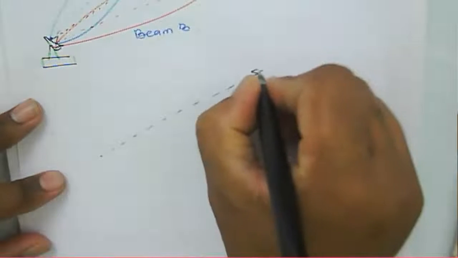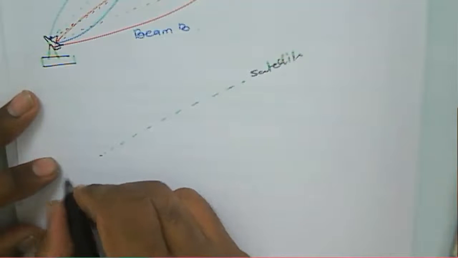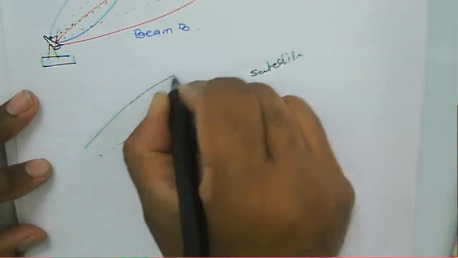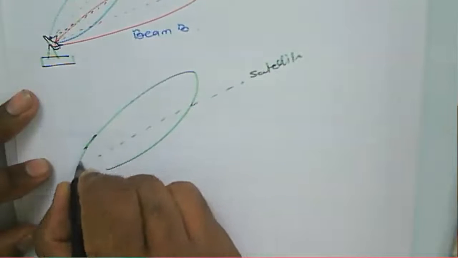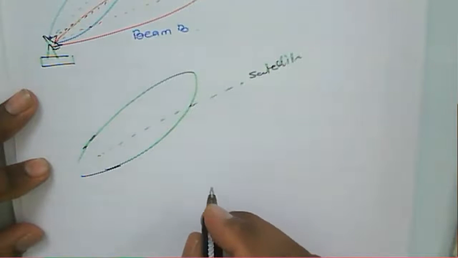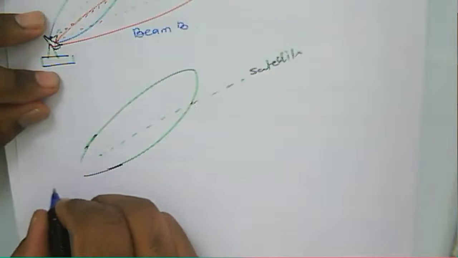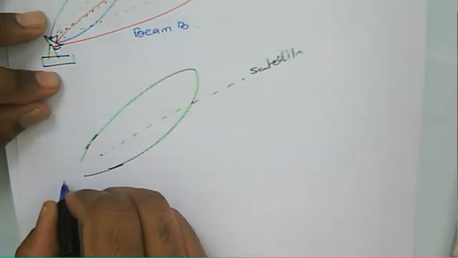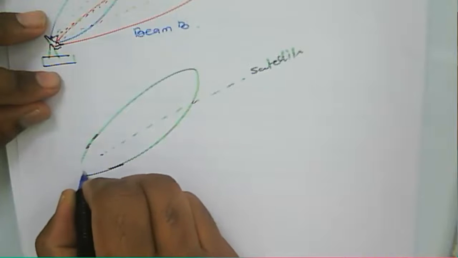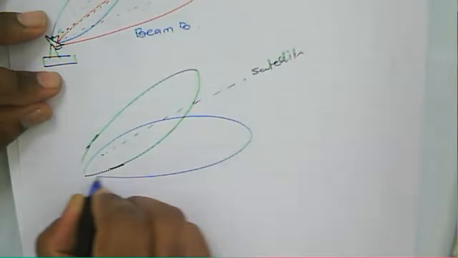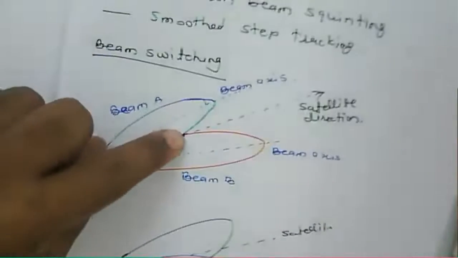This is the satellite position, and we draw a radiation pattern likewise, and then the other one.